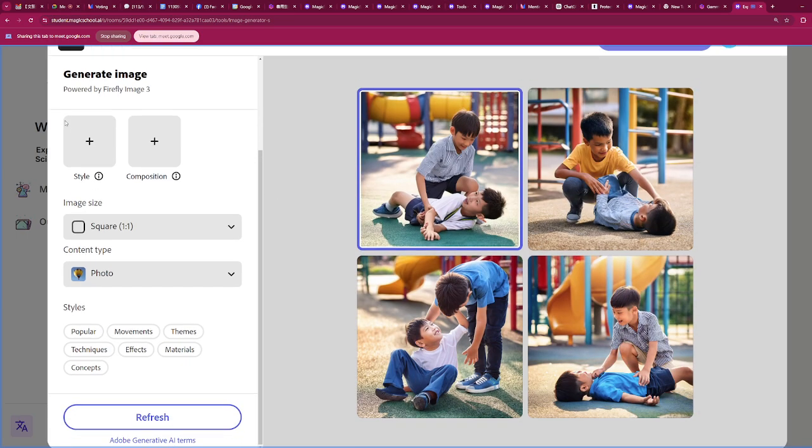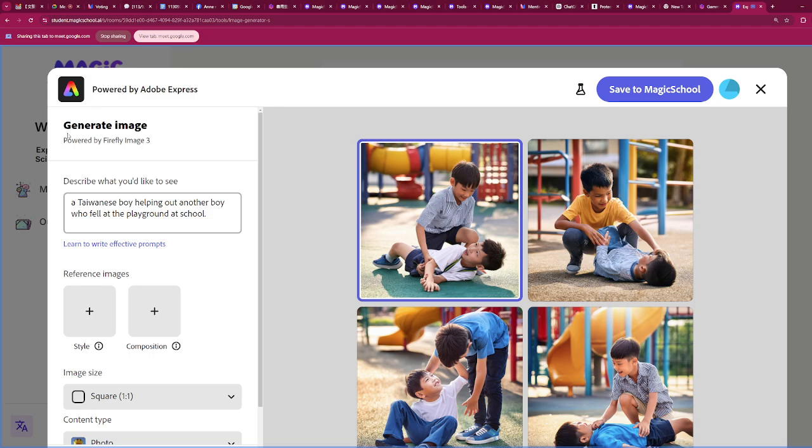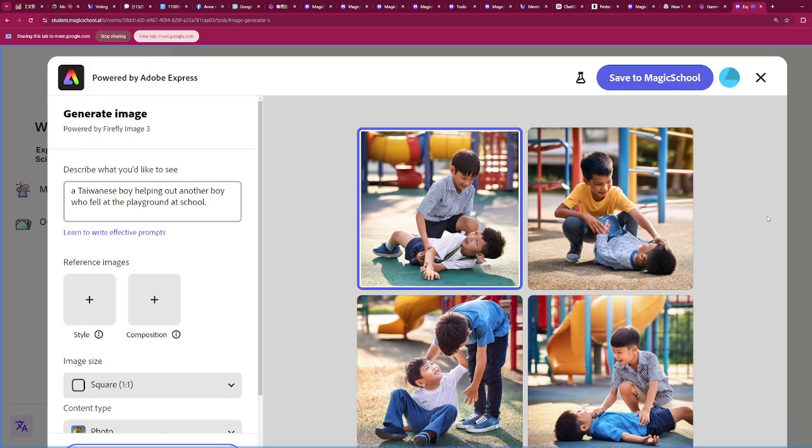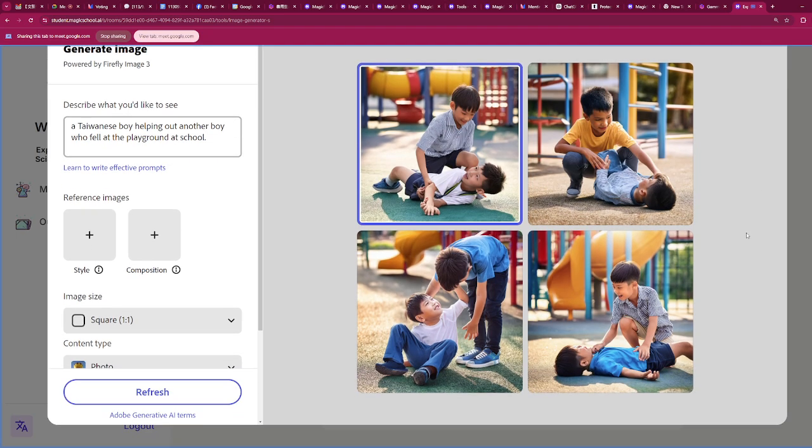So this is generated, powered by Firefly Image 3. Wow, well, some photos are creepy. I can't see the legs of this boy.